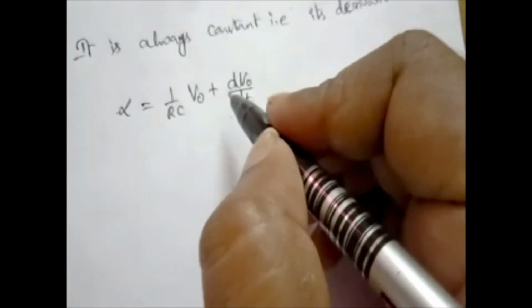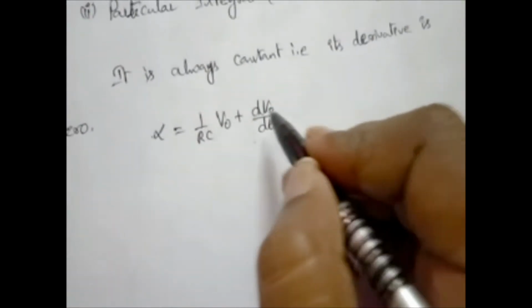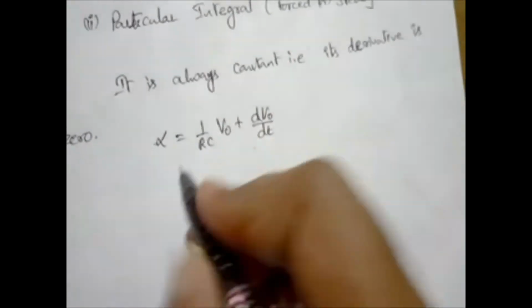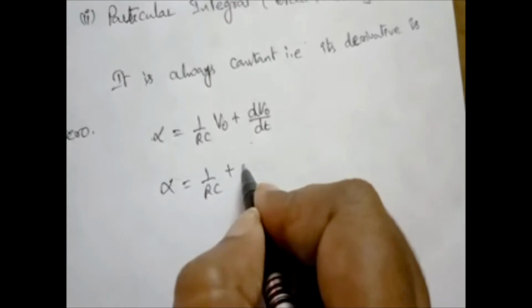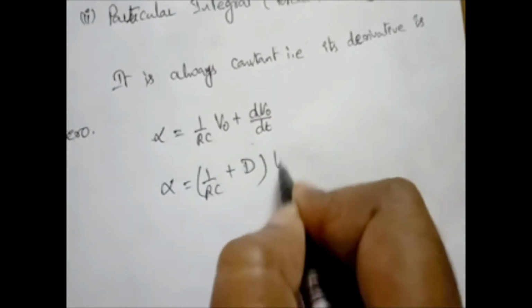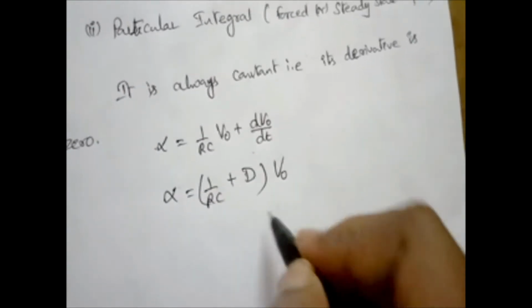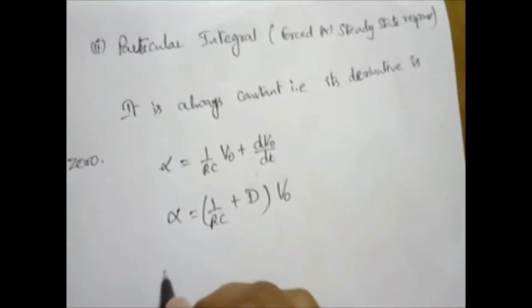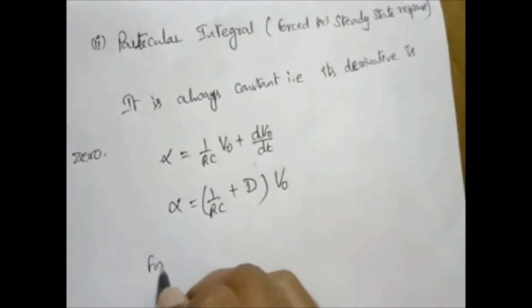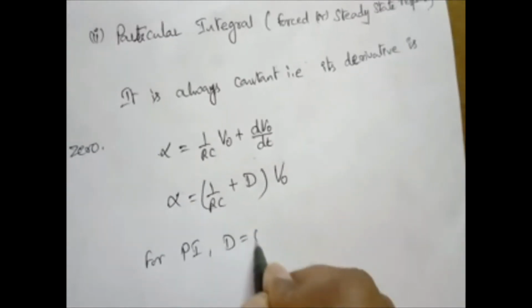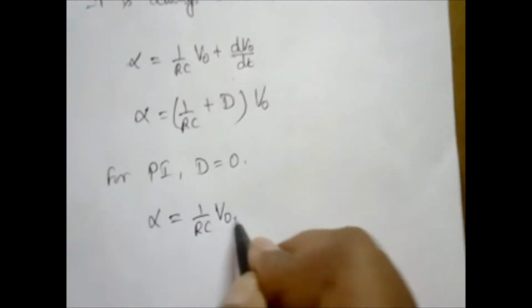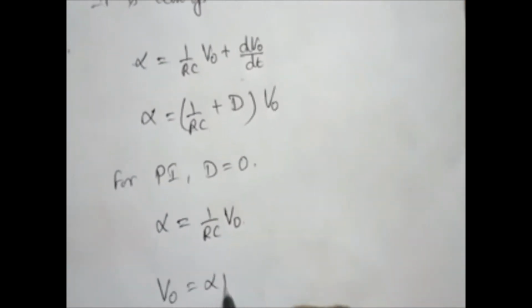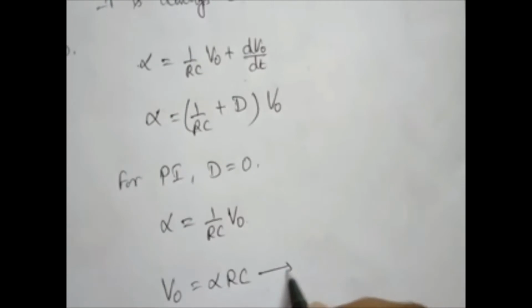In this equation I am substituting D for d by dt, so it can be written as (1 by RC plus D) V0. If the D value is 0 for the particular integral, then alpha is equal to 1 by RC V0. So V0 is equal to alpha into RC. Let this be equation 5.